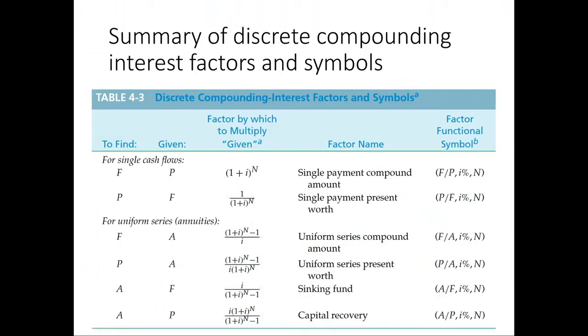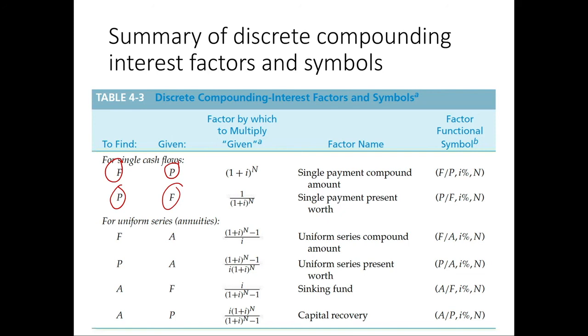All right, next. Now let's just have a pause and then let's try to summarize everything we have learned until now. Okay, so we learned how do we find the future value given a present value. How do we find out the present value given a future value?